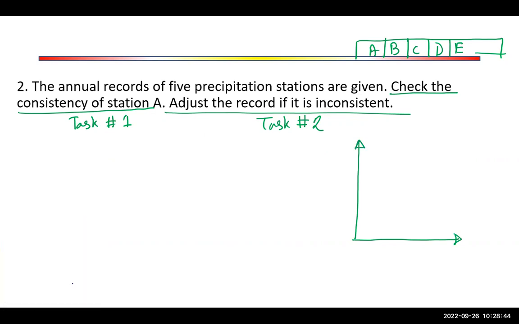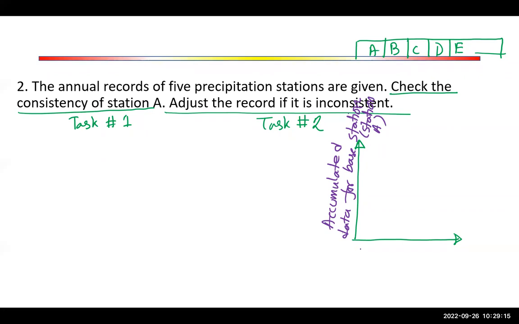We will plot 2 sets of data, right? So here it will be accumulated data for the base station. Base station means the station for which we are doing this. Here is station A, right? And on the other side, since I'm plotting all the other 4 stations, I can't take all the readings. I need to take the mean, right?